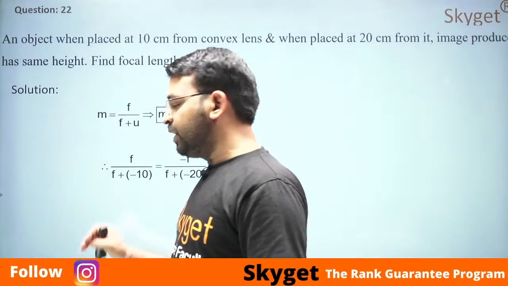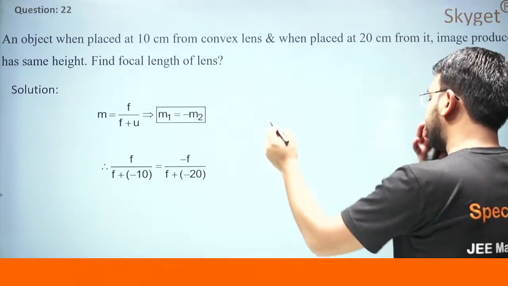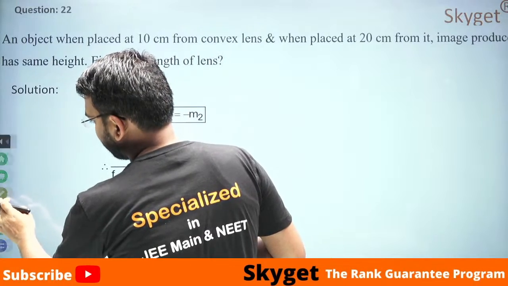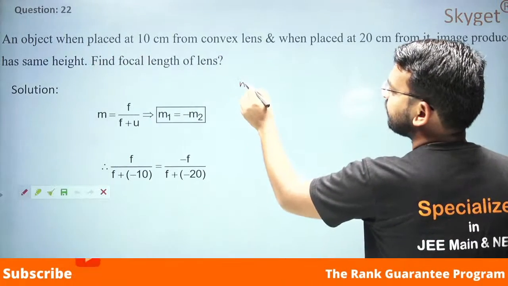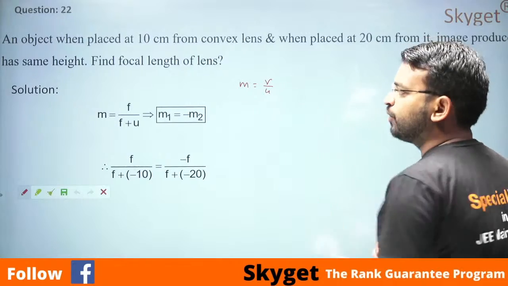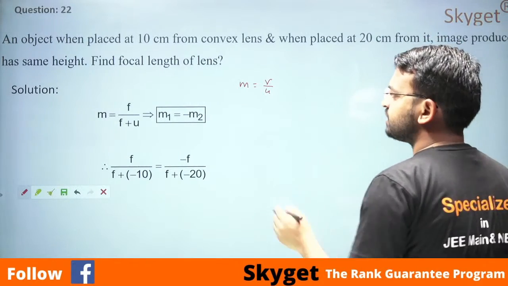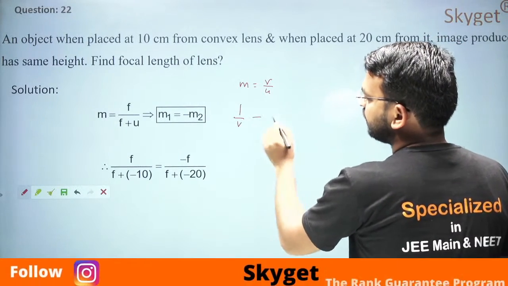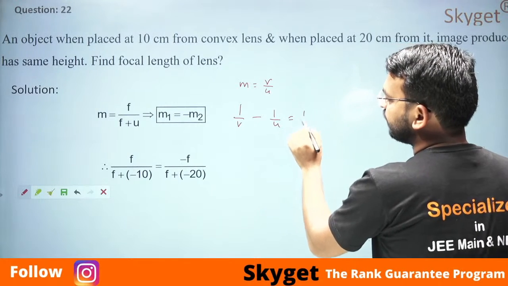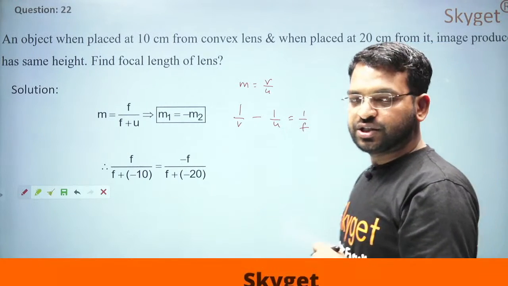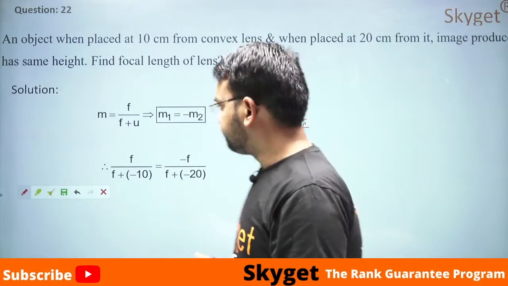Now if you are able to understand, then the other formula I can use for the magnification is that magnification is also V over U for your lens. Now the lens formula is 1 over V minus 1 over U equal to 1 over F, right? This is the formula we have to use.